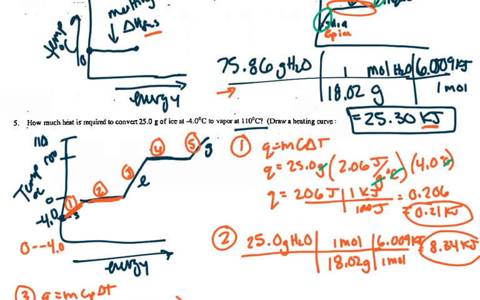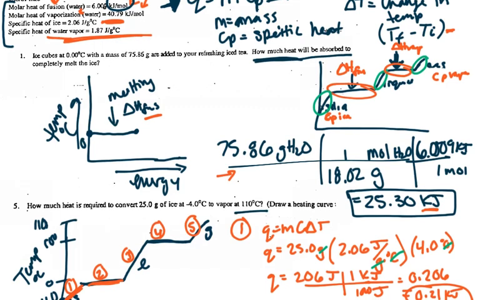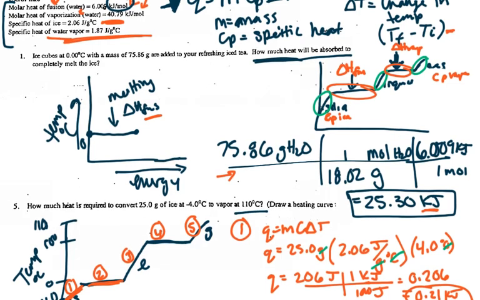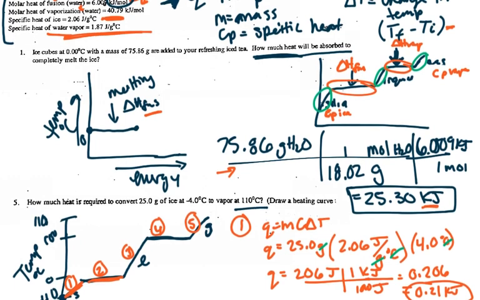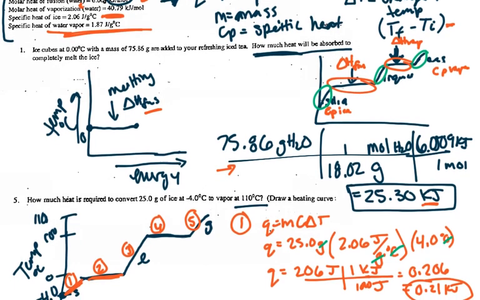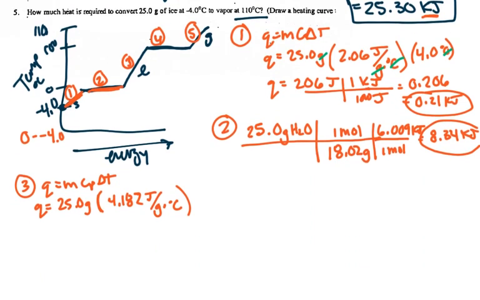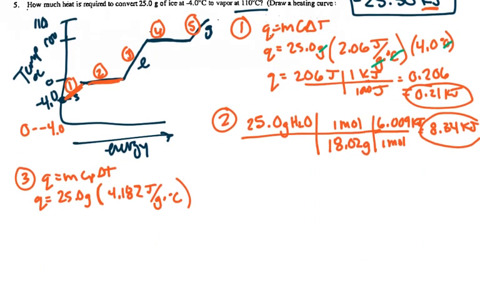That's not at the top here, but I just know it. The specific heat of liquid water is something we use so much that honestly you're probably going to know it by the end as well. But you could Google it, or you could look it up in the reference section of your book. It's everywhere. So there it is.